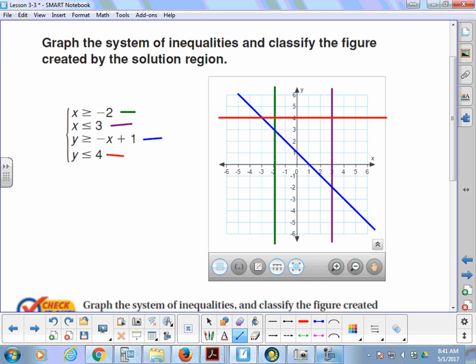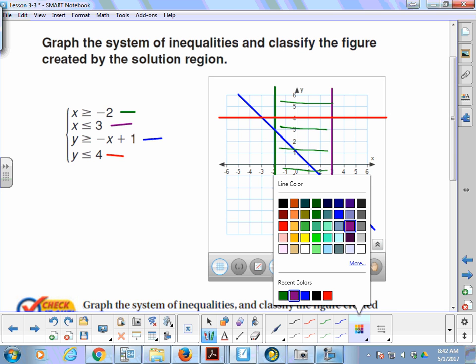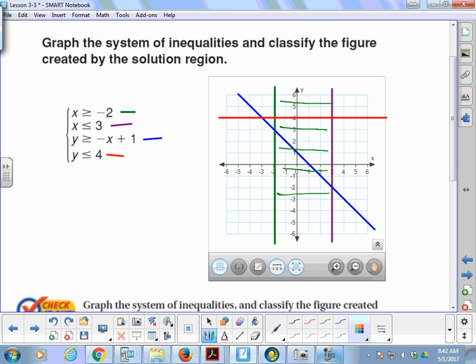I'm going to do this just a little bit differently, though. My green says greater than or equal to -2, so that's this area here. Purple is less than or equal to 3, so that's this area here. So we're talking about the area between those 2 lines.